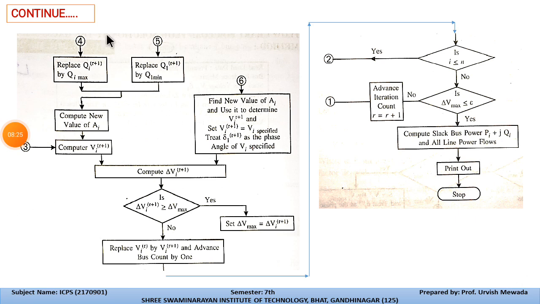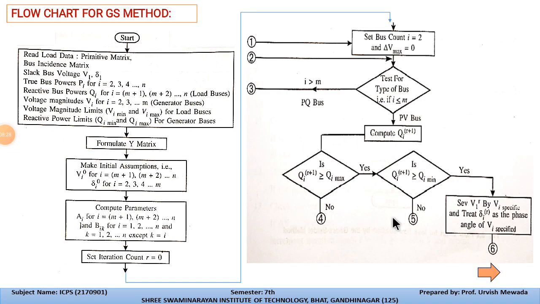So this is the continuation of 4, 5 and 6 that we already discussed. If Qi r plus 1, the reactive power at iteration r plus 1, for example 1 plus 1, the second iteration, is not satisfying this condition, then it will move towards 4. So when the PV bus is there, we compute the Q and delta.